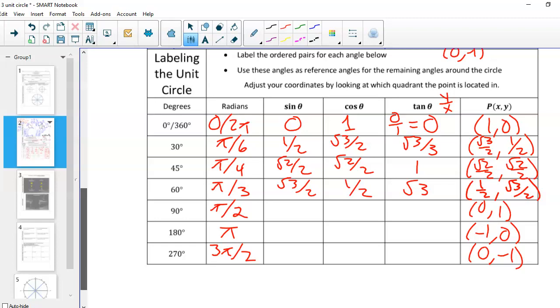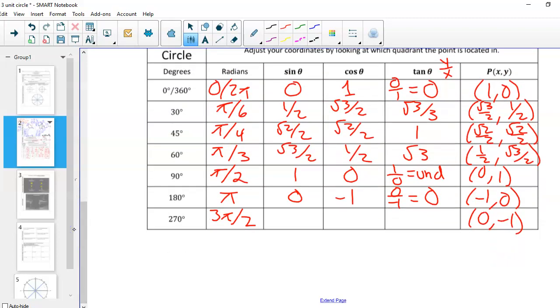So if this is 0, 1, that means cosine is 0, sine is 1, tangent is sine over cosine. So what would the tangent of 90 be? Undefined. Same thing, cosine would be -1, sine is 0, so tangent is 0 here. And then in 270, cosine is 0, sine is -1, so tangent is undefined again here.